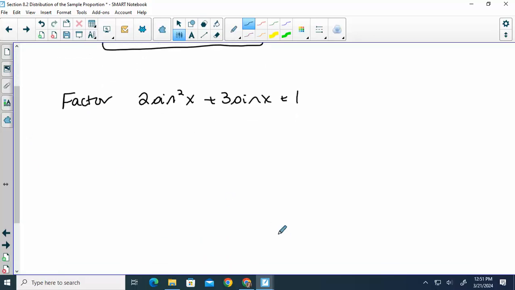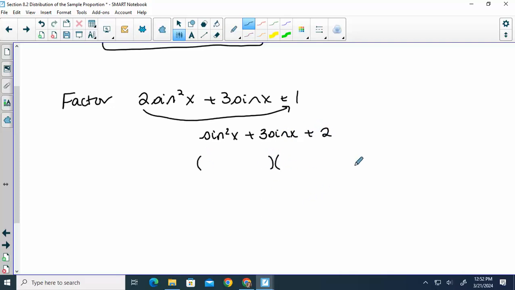So what would I do? Slip and slide, whatever you're doing. So we have sine squared x plus 3 sine x plus 2. If we're trying to factor it, sine x is our variable, so each one gets a sine x. What multiplies to 2 and adds to 3? 2 and 1.